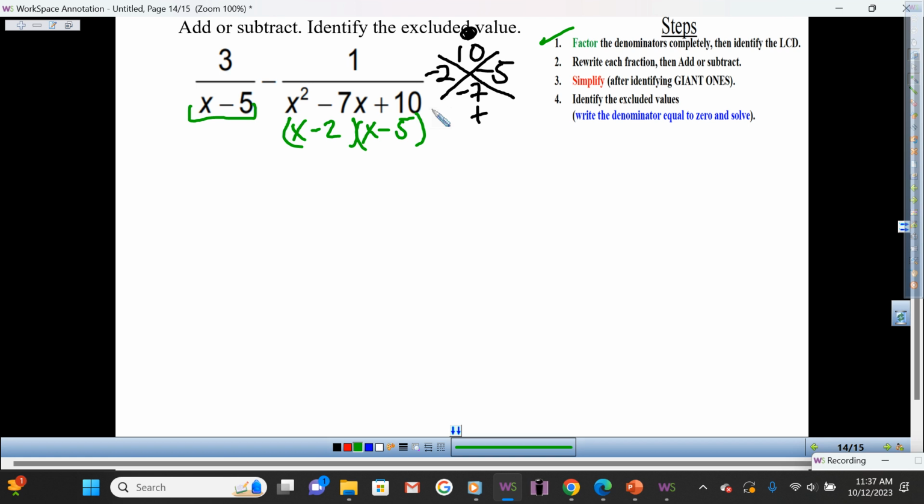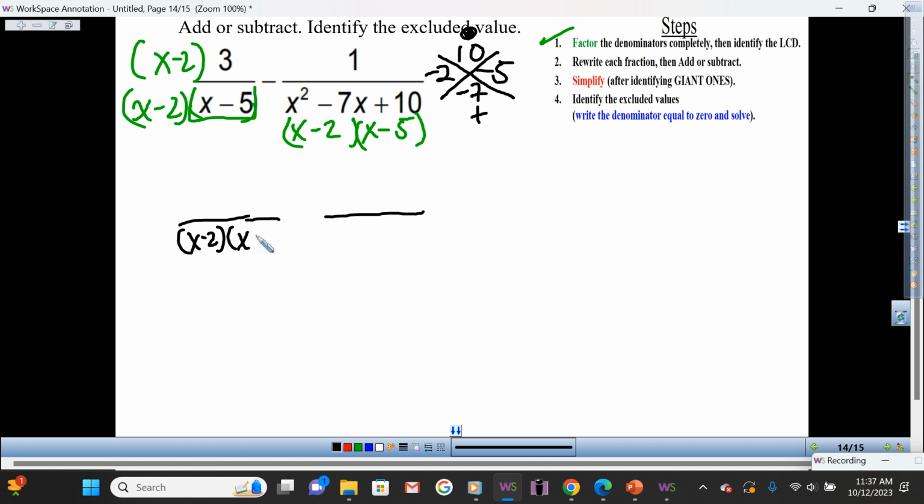Okay, so look at it. The second denominator has these two. The first denominator only has that. What's missing on the first denominator, people? So we put in parentheses x minus 2, top and bottom. And now we can write our two fractions with a common denominator. Common denominator x minus 2, x minus 5, x minus 2, x minus 5.